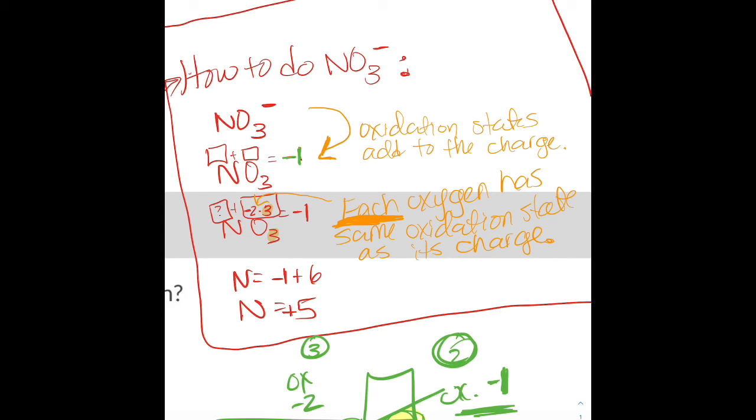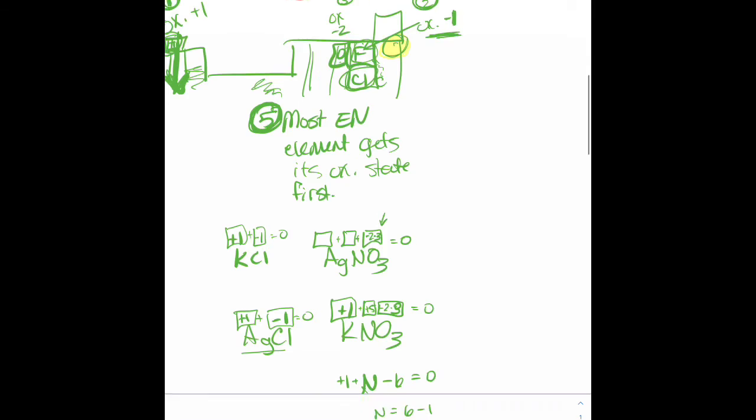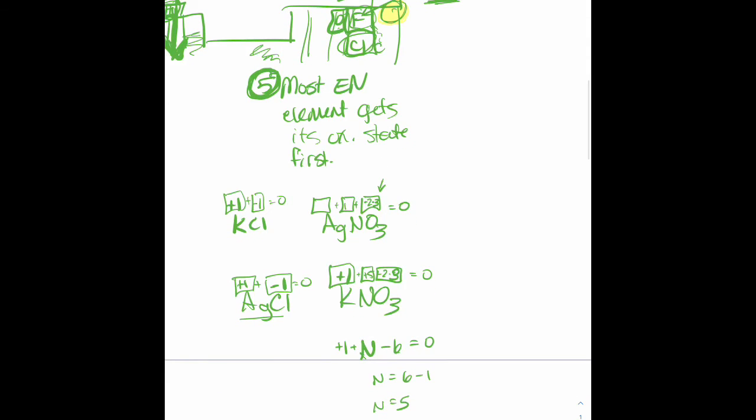Our question mark is the nitrogen, and we have 3 oxygens times -2. The whole thing equals -1. So nitrogen is equal to 1 plus 6, which is +5. It's much easier to do these like this.